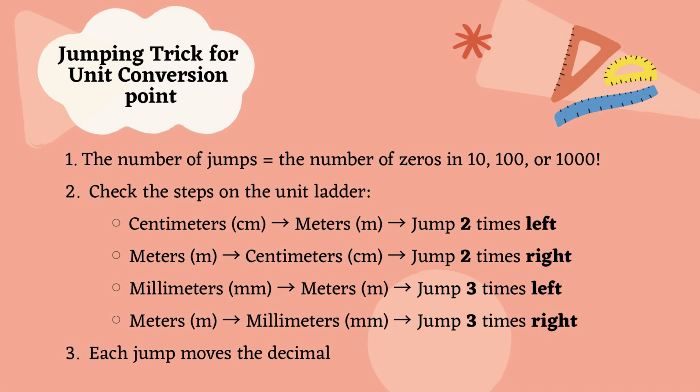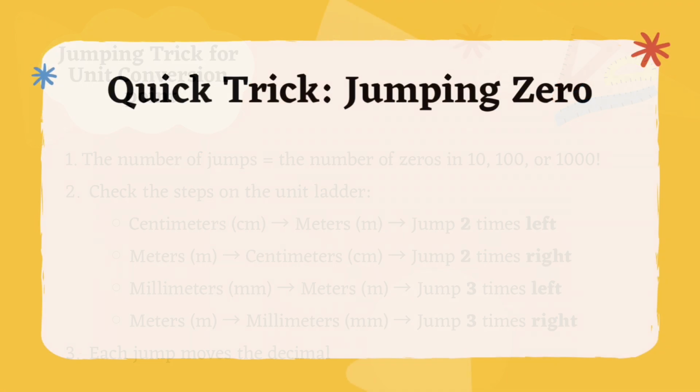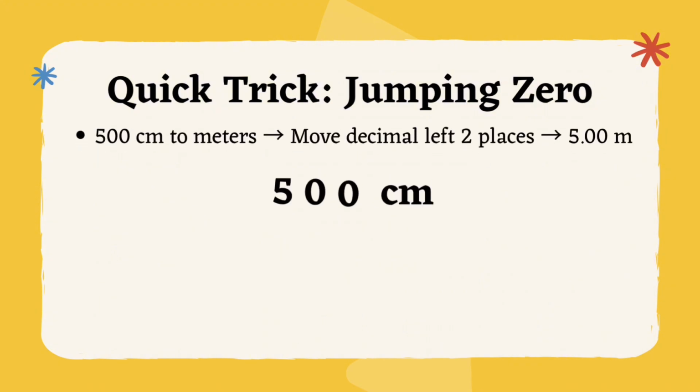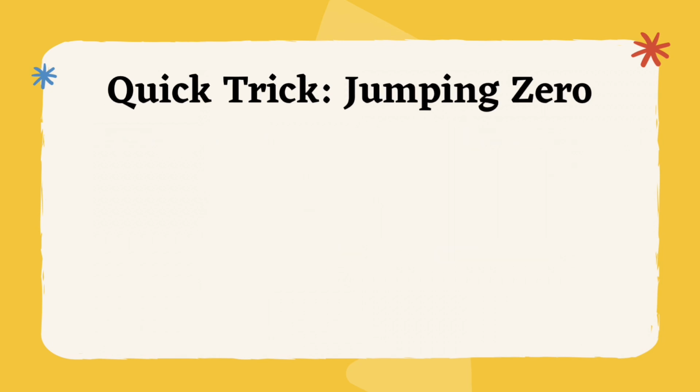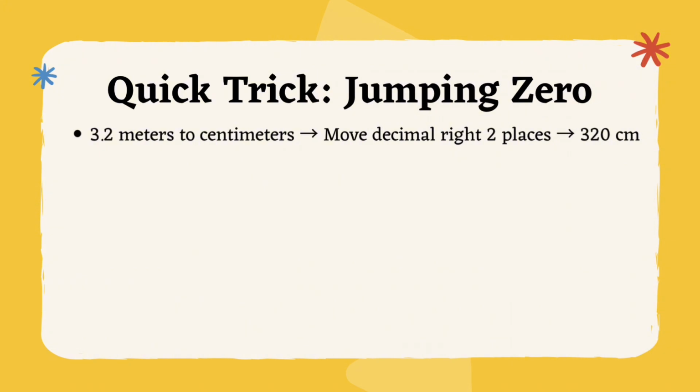Remember, each time you jump, the decimal moves in the same direction. For example, when we want to convert 500 cm to meters, we move 2 times to the left to become 5 meters. Next, let's try to convert 3.2 meters to centimeters.